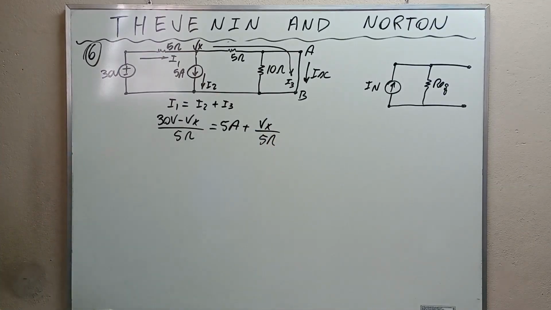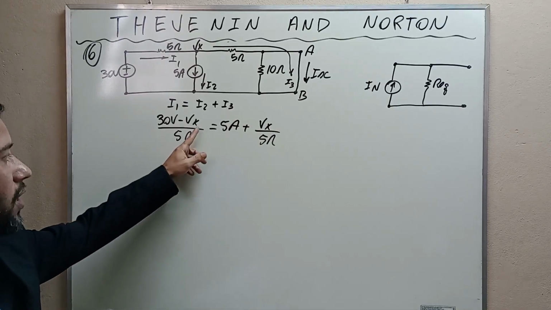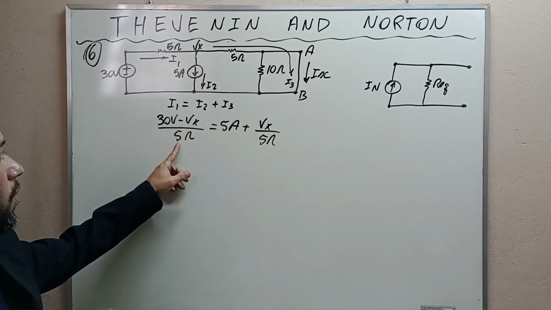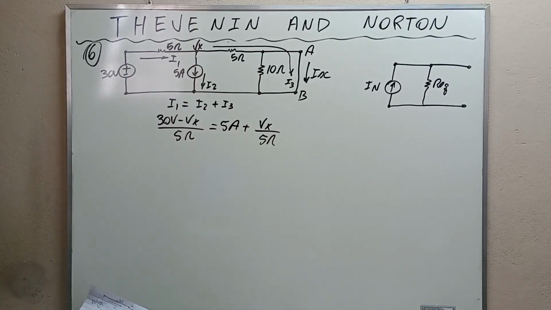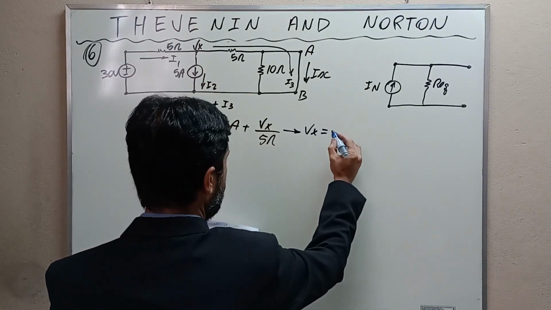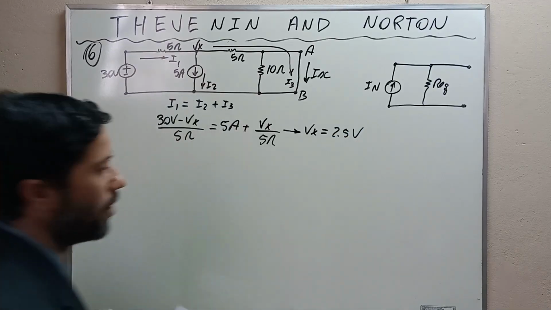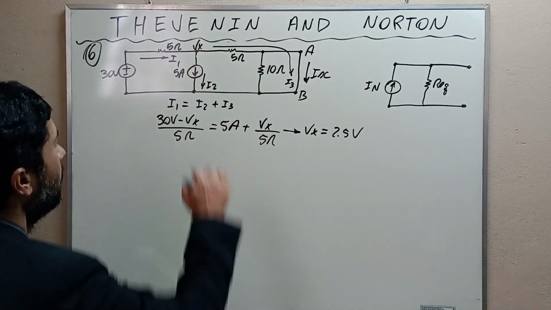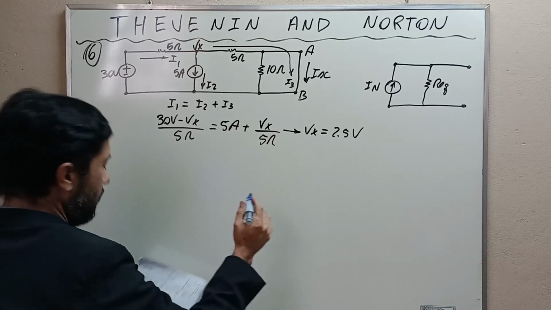Alright, my friends? Now it is simple mathematics because we have one equation and only one variable, and when we have only one variable in one equation, we can simply calculate, and from this we get that Vx is equal to 2.5 V, alright? And to calculate the value of the current that passes through the short circuit, we divide the voltage by the resistance.